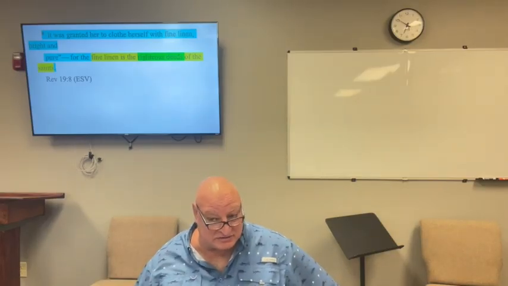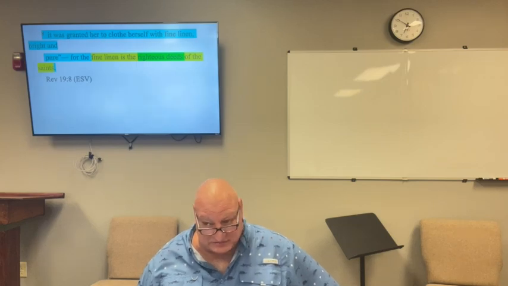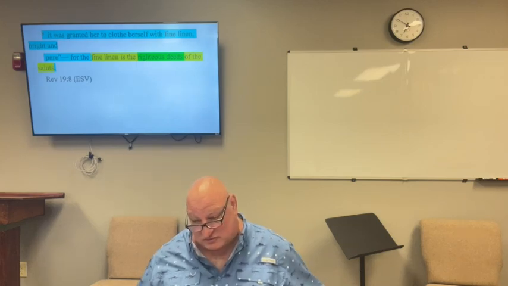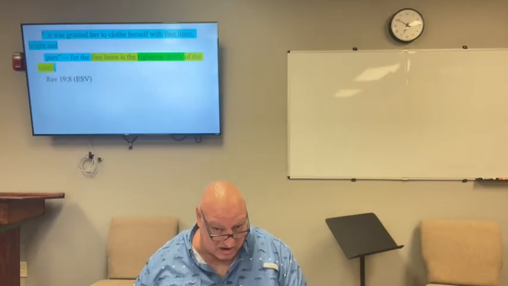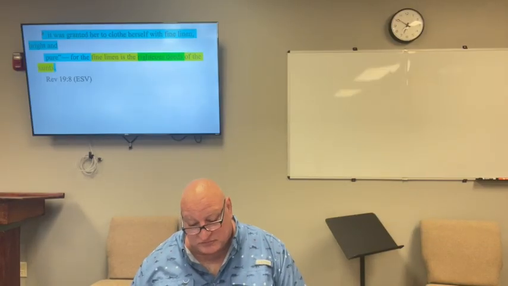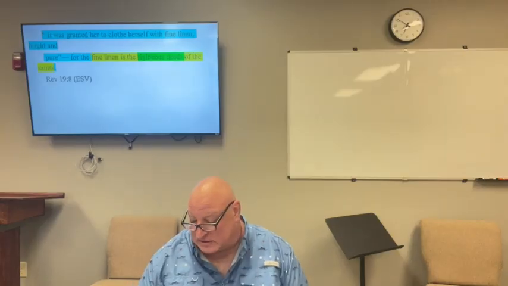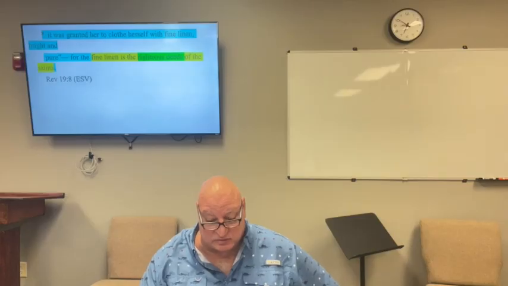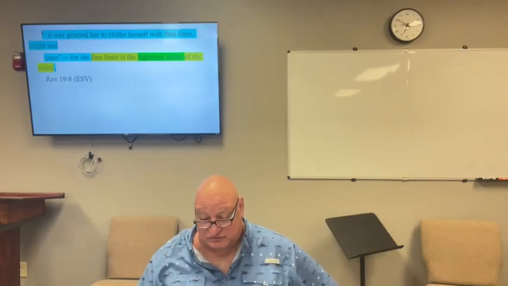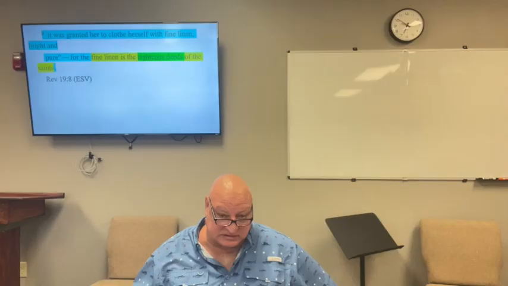It says righteousness of the saints. When we become in Christ, we put on his garment of righteousness, not our works. So I think that word deeds is not in that translation, so it was added in there. They should have put parentheses around it, but it's righteousness.